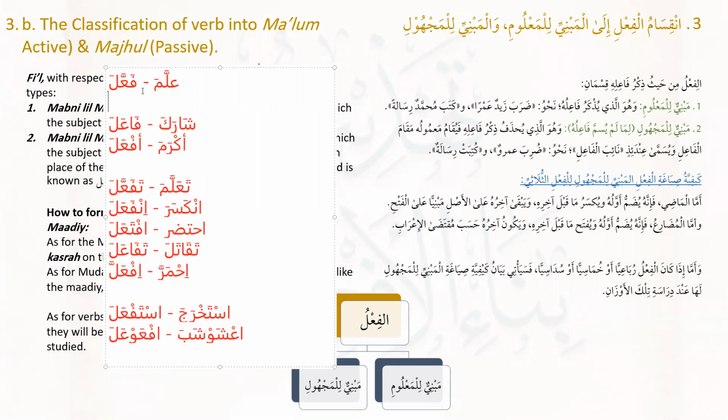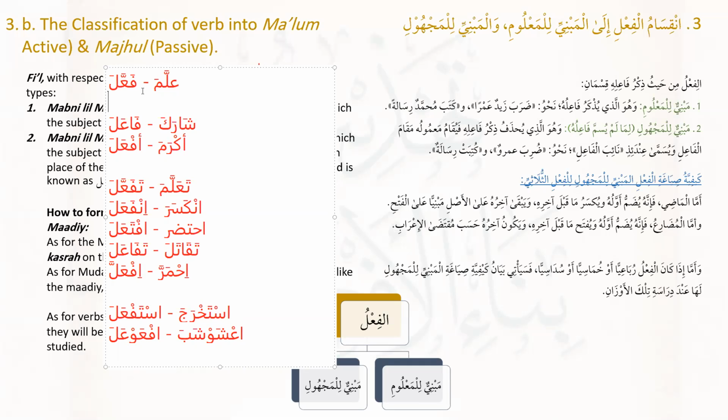mabni lil majhul from a madi. We said that we are supposed to put a dhamma on the first letter and a kasra on the second last letter. So if 'alima is the fi'l we have on our hands, what will be its mabni lil majhul form?